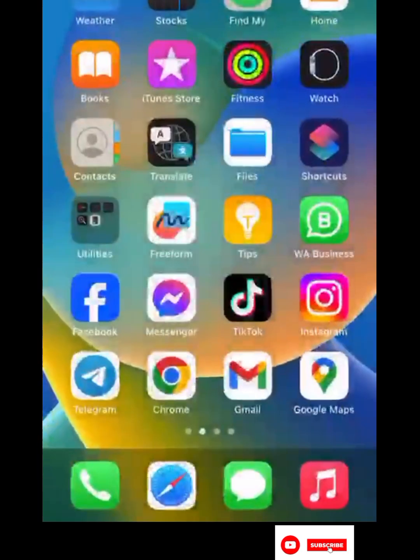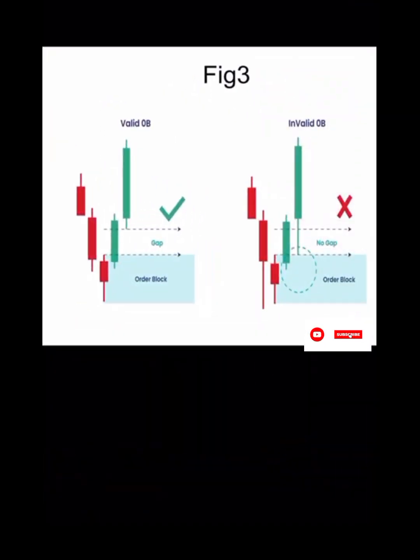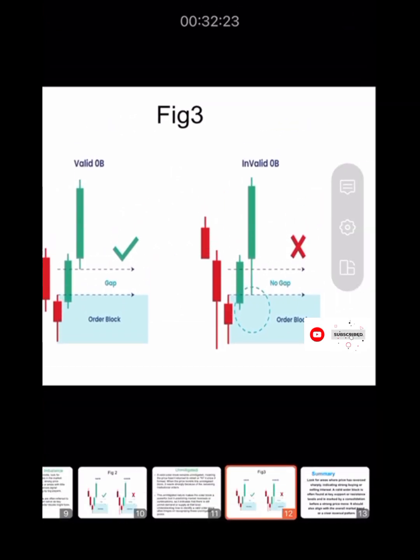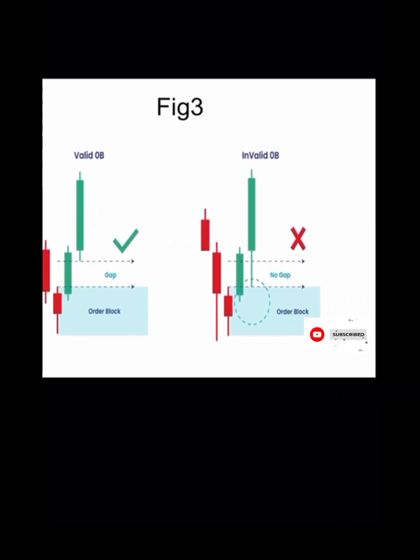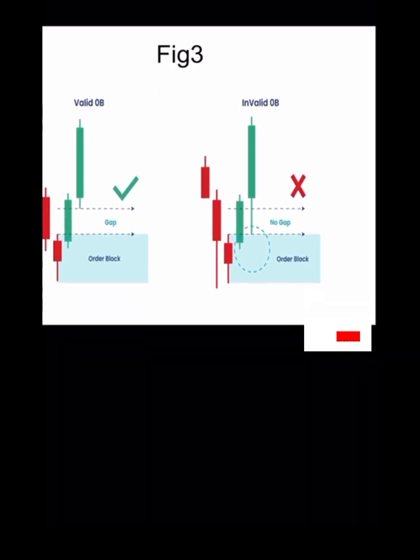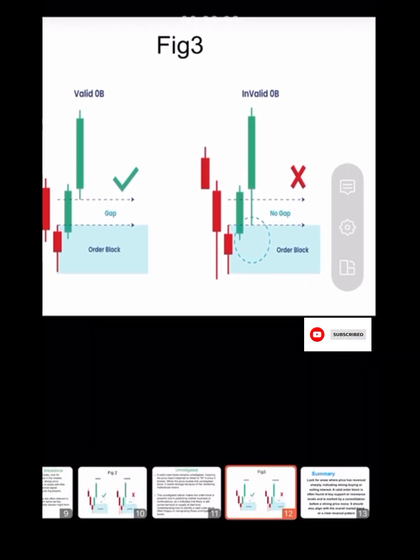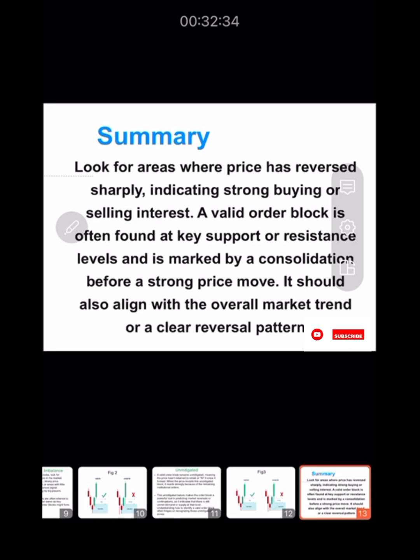So without much ado, I have tried to explain to you how to identify this order block. How to identify what? Order block. I've explained to you clearly how you can understand the order block concept. Okay, so it is important that you understand that.